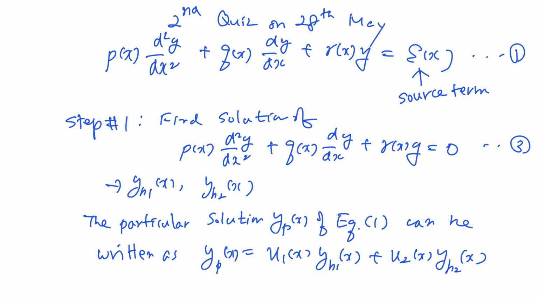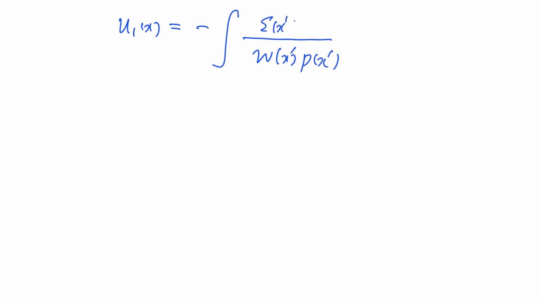And I'm not going to repeat the procedure that we covered last week, so just summarize the result. Then u1(x) can be written as minus the integral of s(x') yh2(x') over W(x') p(x') dx'.